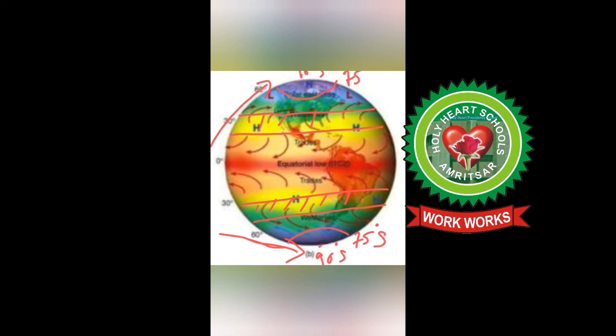So here the rate of evaporation is quite low, and the air is dry almost throughout the year. So we can say that maximum humidity is present in the equatorial area, the subtropical areas have moderate humidity and the polar areas have the least humidity.